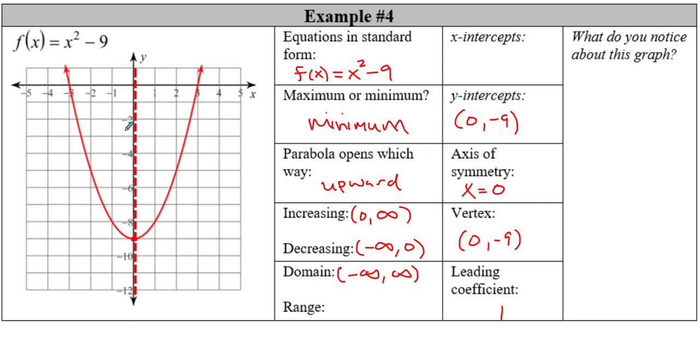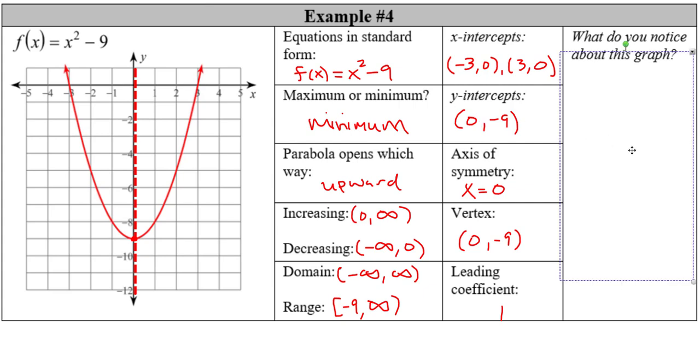We are going bottom to top, so it looks like we are starting at -9, and we're going all the way up to positive infinity. For the x-intercepts, I'd say these look pretty precise. It looks like we have 2: one at -3, 0, and one at 3, 0. So we have 2 of those. We answered all of those parts in that block.